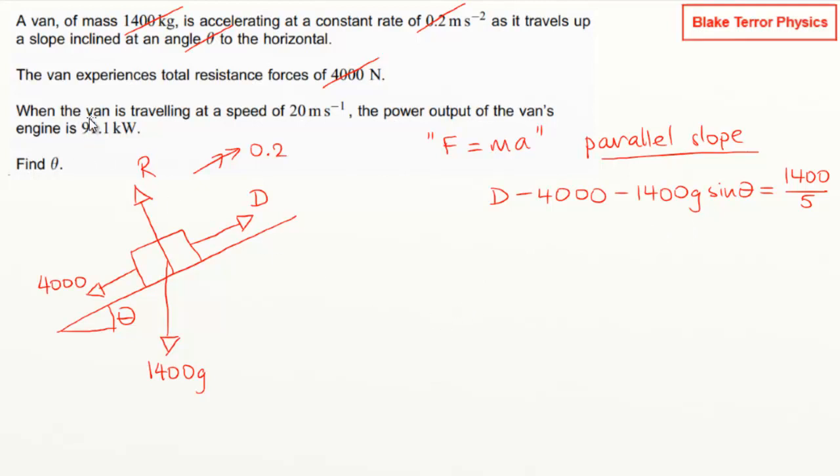The other thing that we can use in this, because there's no point resolving perpendicular to the slope, because that's just going to tell us R, and R isn't helping us at all. I mean, there might be friction going on, but it's all combined into this 4,000 newtons total resistive forces that we've got going on. So R's no use to us. We need to use this power output of the van.